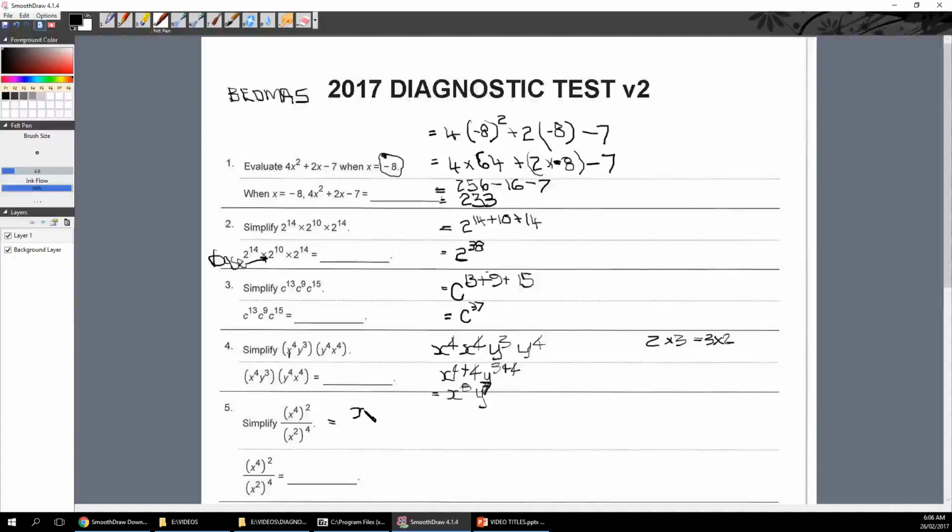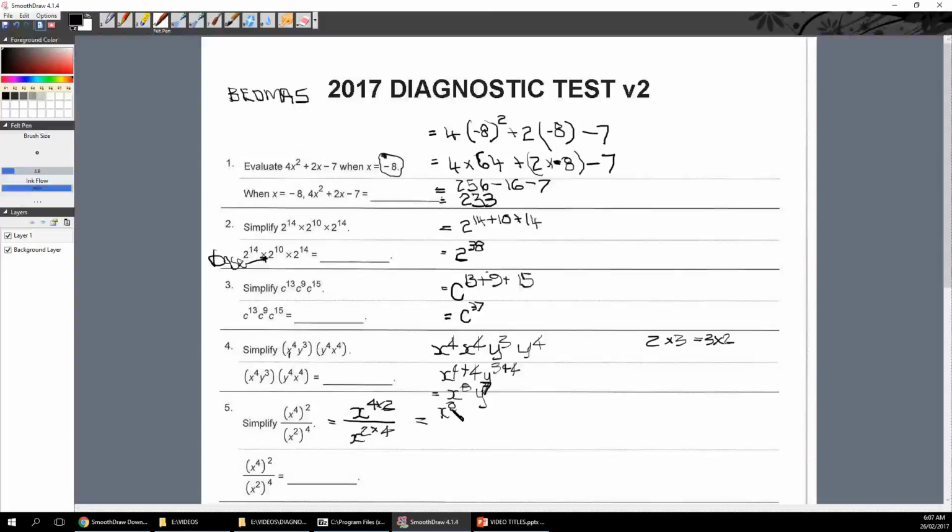We can have x to the 4 times 2 over x to the 2 times 4. It's times where it's like that, because it's times, as opposed to here where it's plus, because it's 2 lots of x to the power of 4. So that equals x to the power of 8.